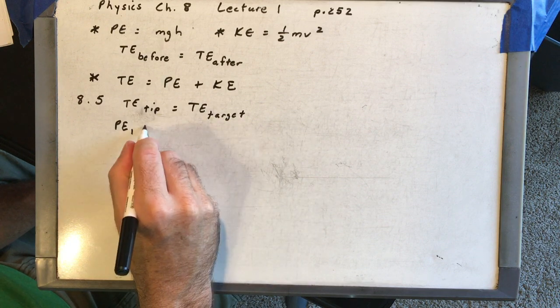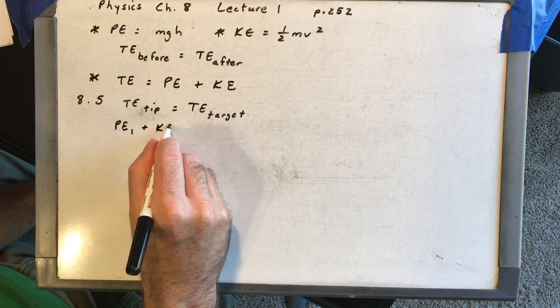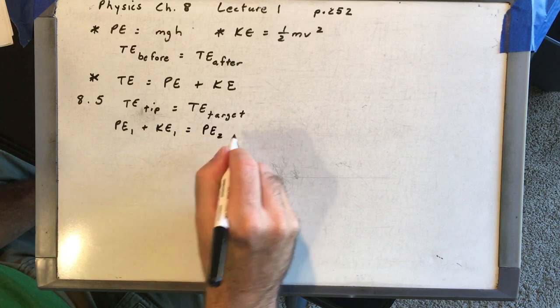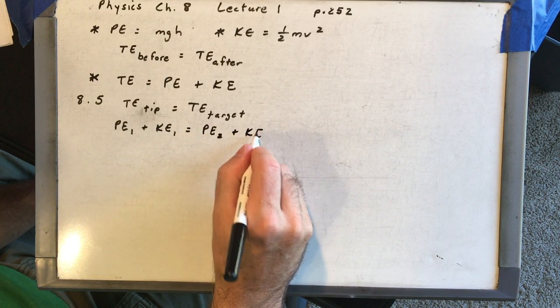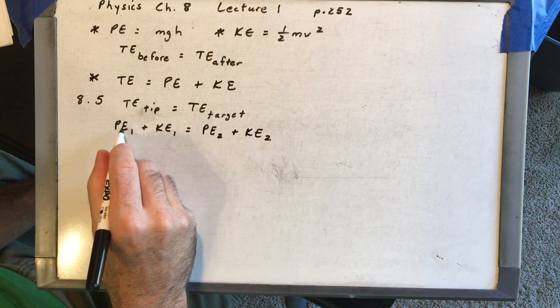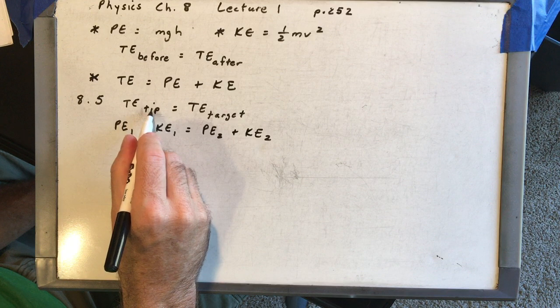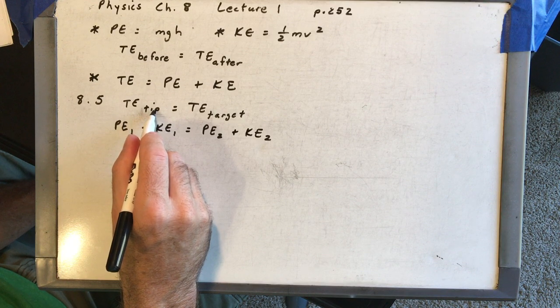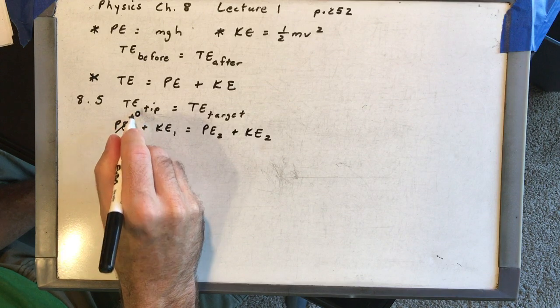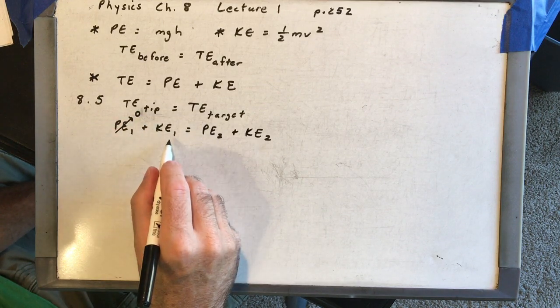Potential energy 1 plus kinetic energy 1 is equal to potential energy 2 plus kinetic energy 2. All right, so that's potential energy 1. Remember, we said the tip of the barrel was at height 0, so that makes that 0.